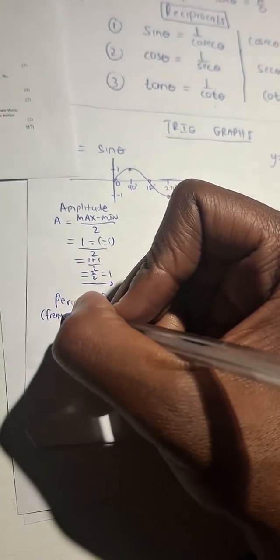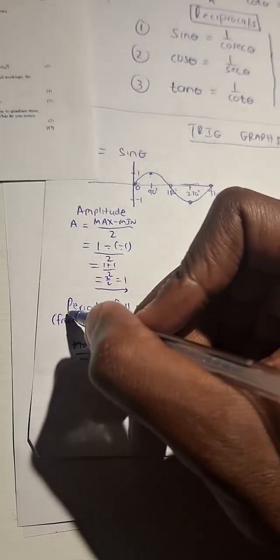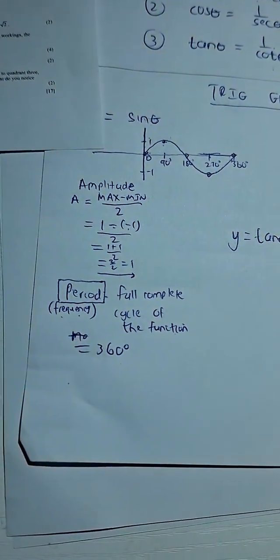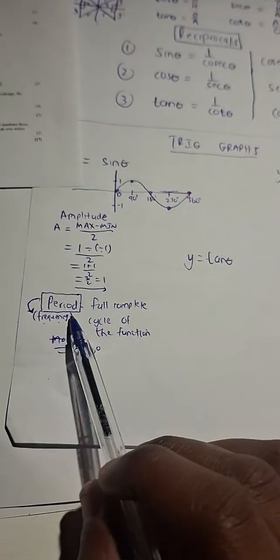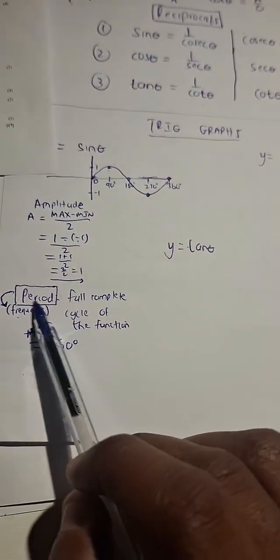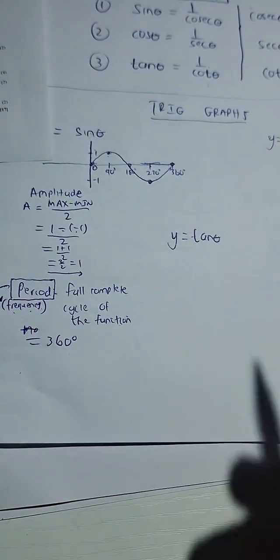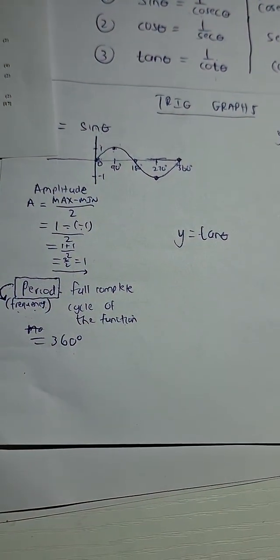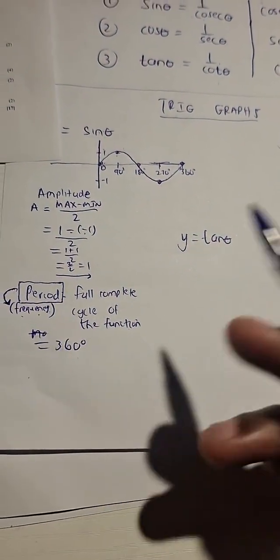Sometimes they will try to confuse you, and instead of using period, they'll use frequency, which means the same thing, applied not in trig graphs but in waves. In physical science, when you do waves, frequency is spoken of, and it has a direct relationship with what period is.